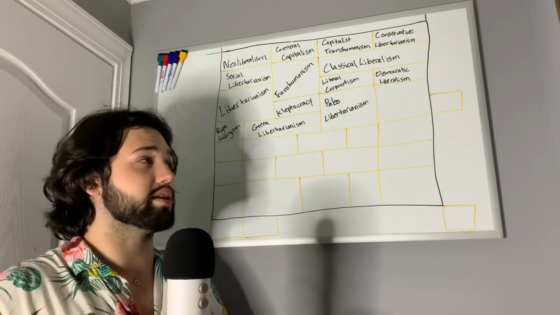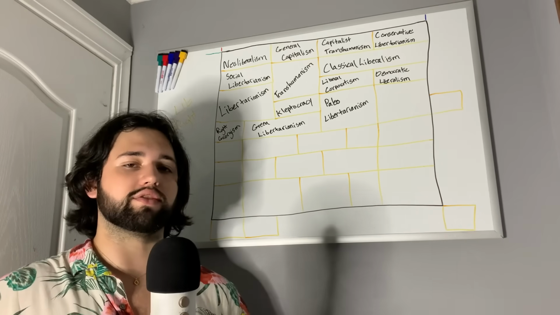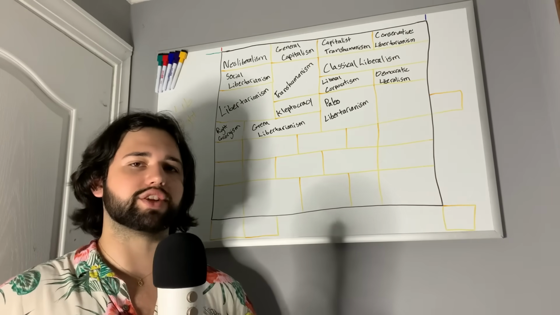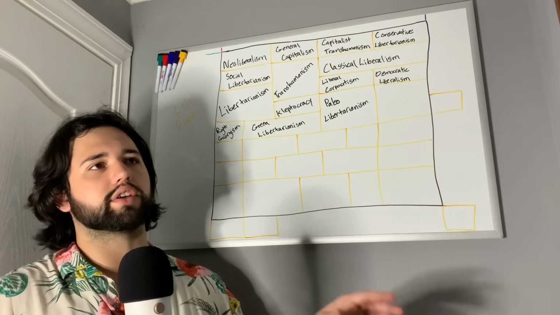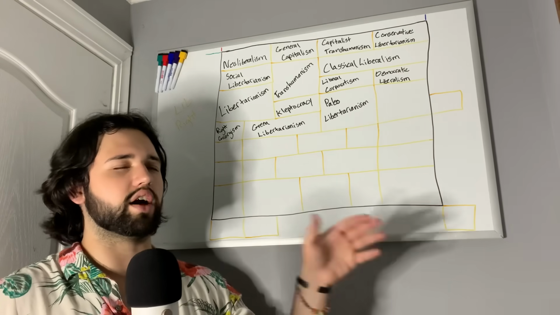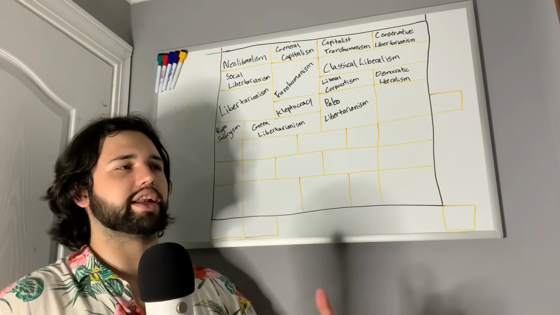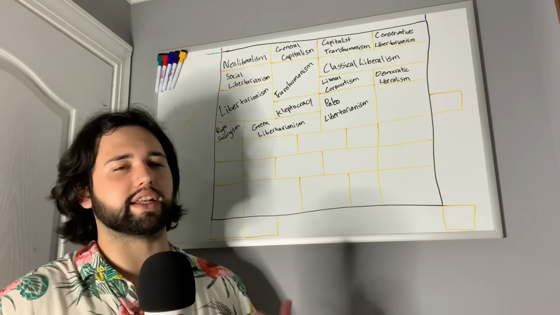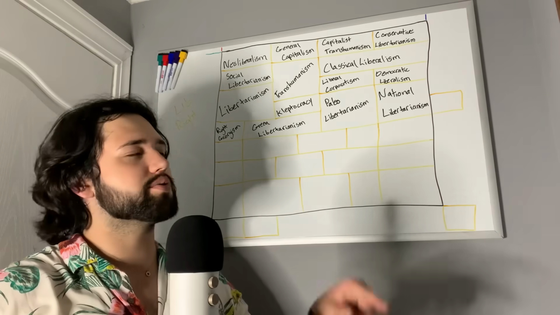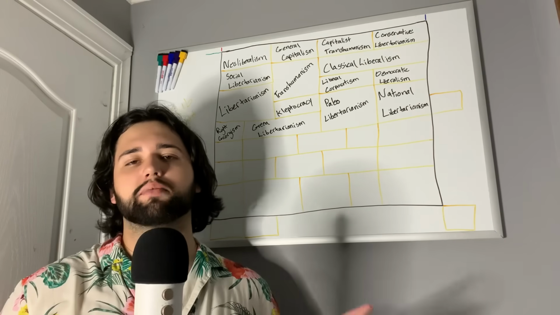In practice, paleo-libertarians really value their sense of privacy and hate interventionism. So the idea of going into another country and enforcing your ideas is not at all what they're about. They much rather stay within their own country and try to educate others to why their way of living is the most beneficial.